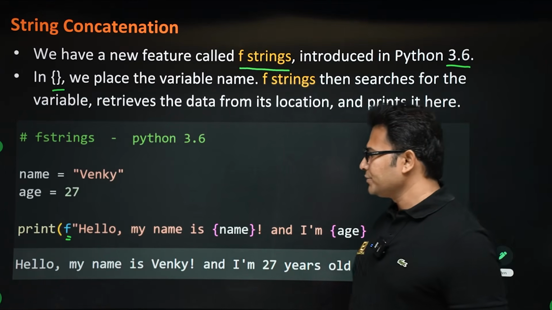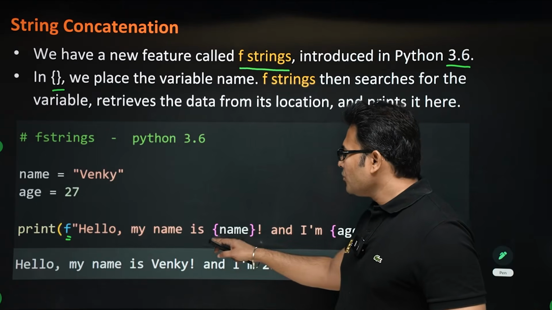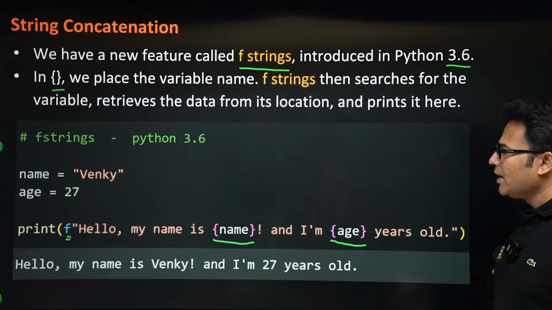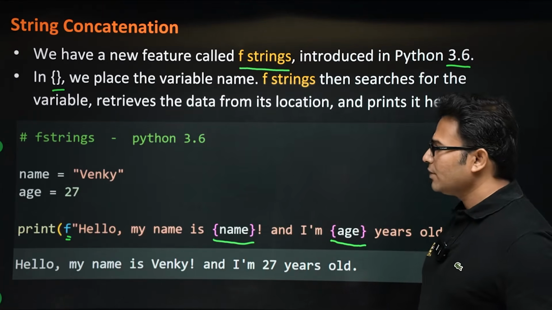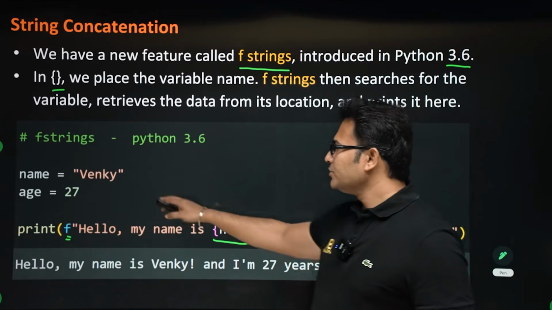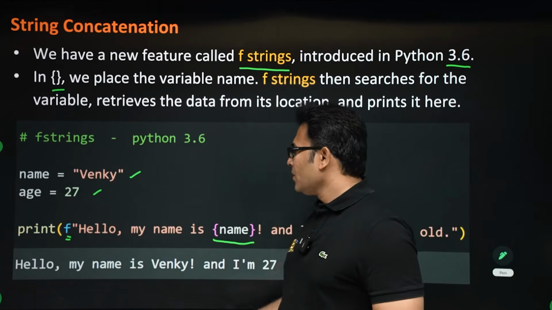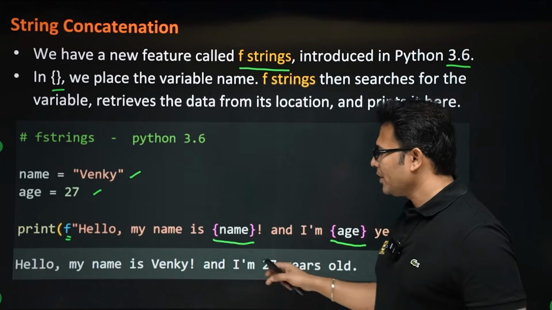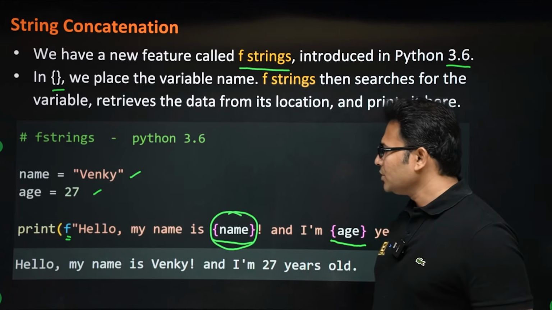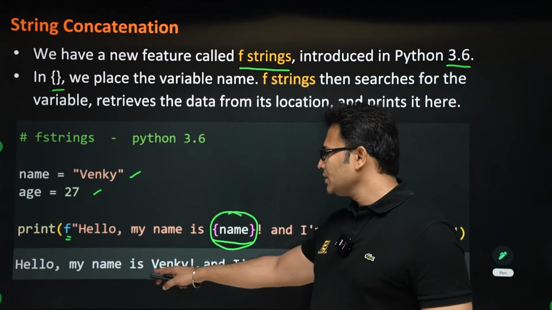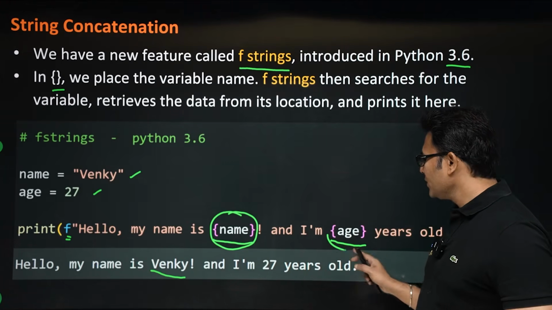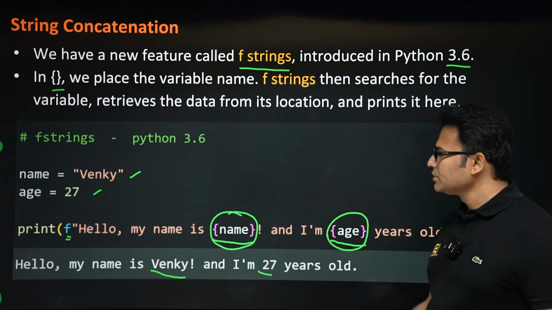Now when you have an F string, you can have variable names within curly braces, and these variable names will be replaced by the values of the variables. For example, here name is Venki, age is 27. Now when I write the F string like this, automatically in place of this placeholder name, Venki is displayed, and in place of age, 27 is displayed.